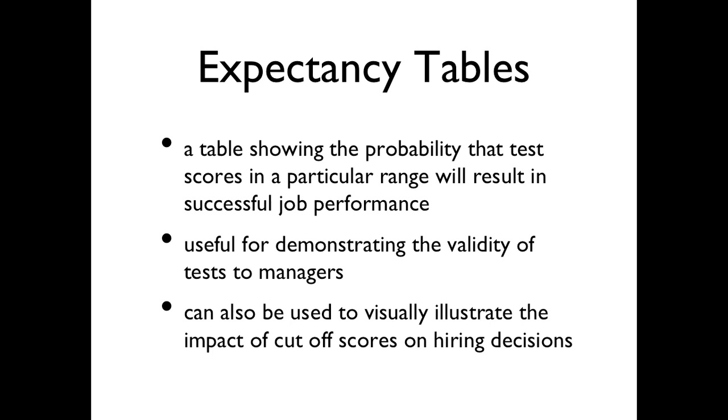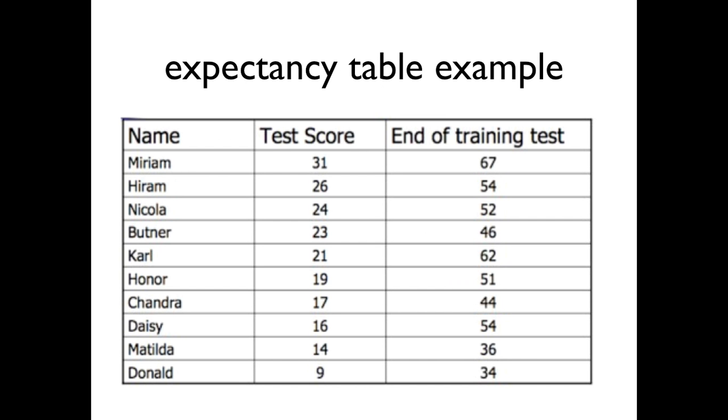So I'll show you an example now of an expectancy table. Using validity coefficients of a test, we can use regression to develop tables that predict outcomes. For example, we can predict what someone's score will be on the end of a training test, that is, how successful they will be based on their psychometric scores, which is of course very valuable to businesses because they want results.